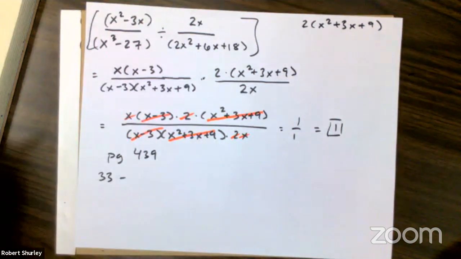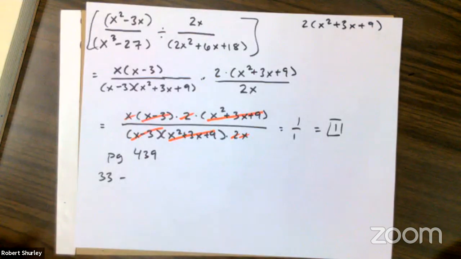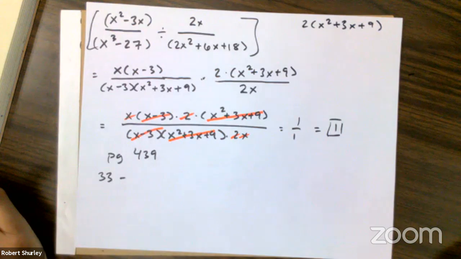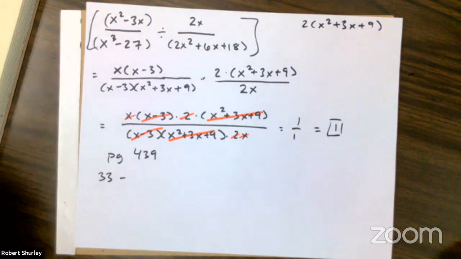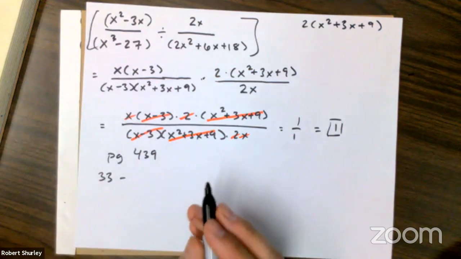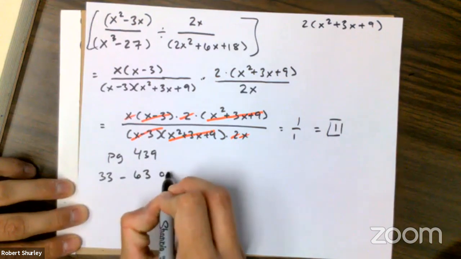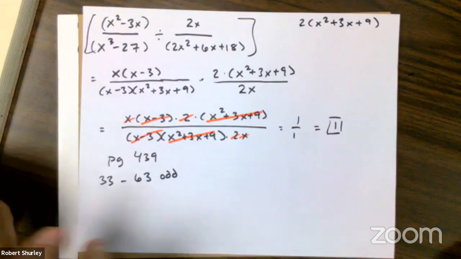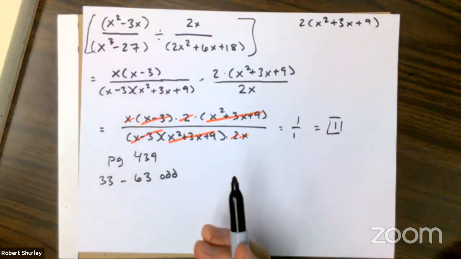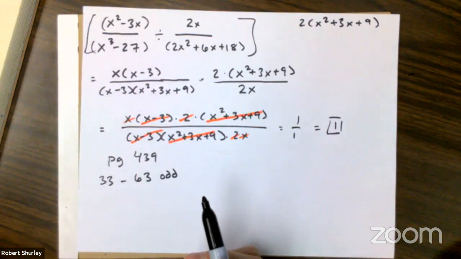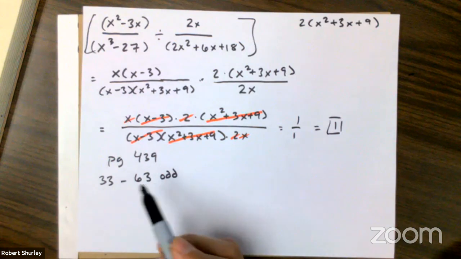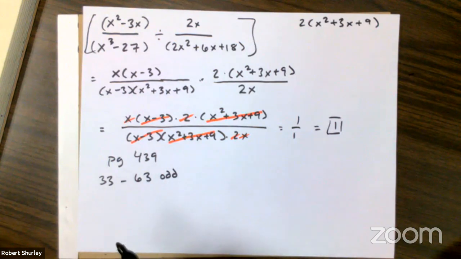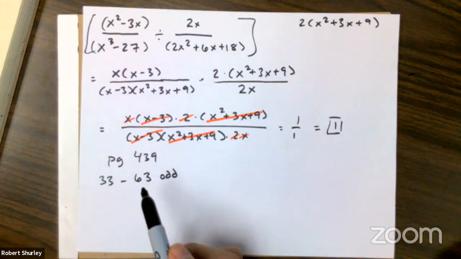And then I want you to do 33 through until they start combining all kinds of weird stuff. Yeah, 33 through 63 odd would be perfect. And if you want to do the evens, because you're maybe not grasping it or feel like you need more practice, you can do the evens for those 33 through 63 as well. And nice, Jared. 33 through 63, and you'll be fine.